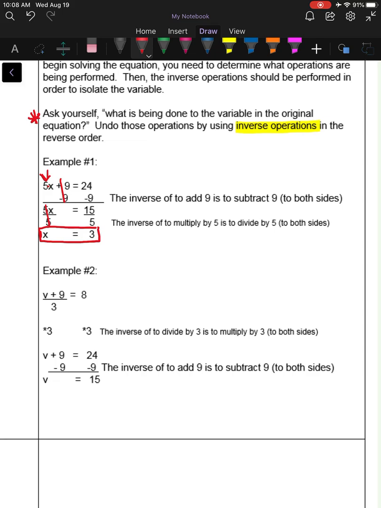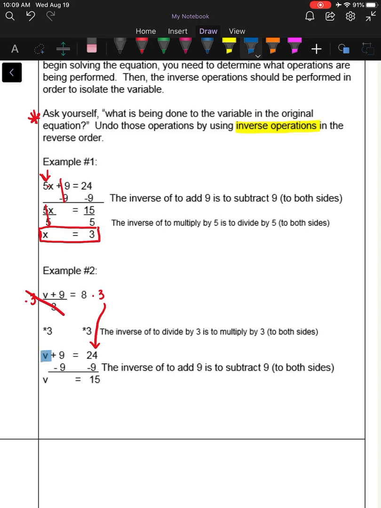So the first thing we want to do is the inverse of the division, right? So we're going to multiply by 3. Do it to both sides. And we get, this cancels, and it gives me v plus 9 equals 24.